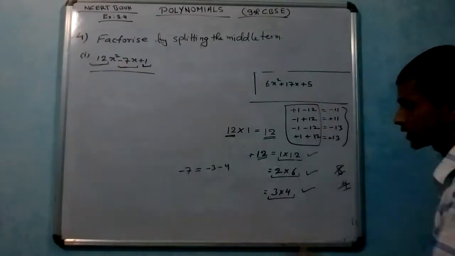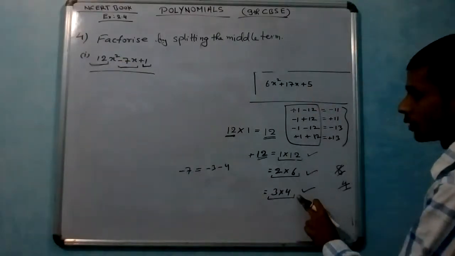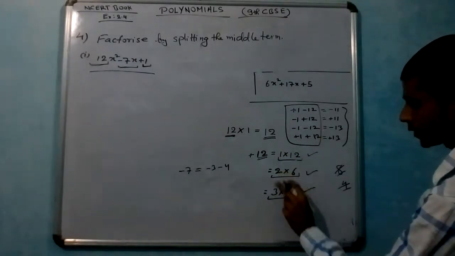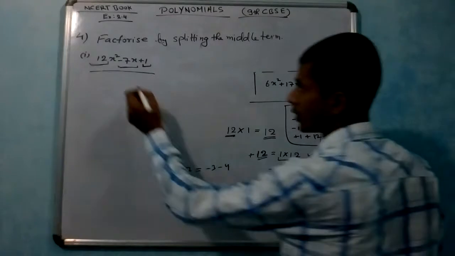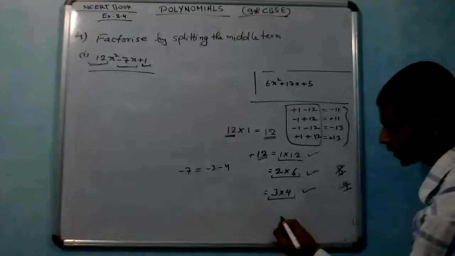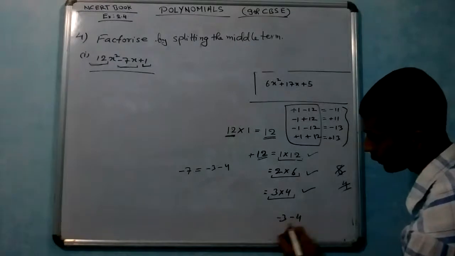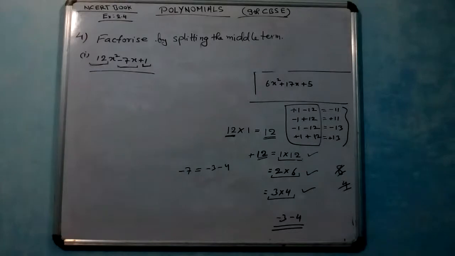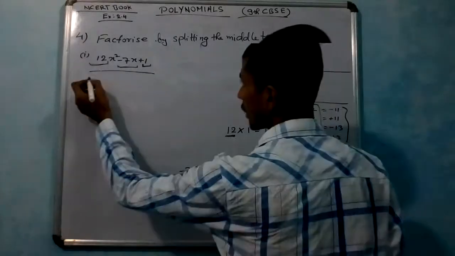We are searching in these pairs which two numbers, addition or subtraction, we can get from there how much? Minus 7. So we came here that minus 3 minus 4, if we do, we will get minus 7.